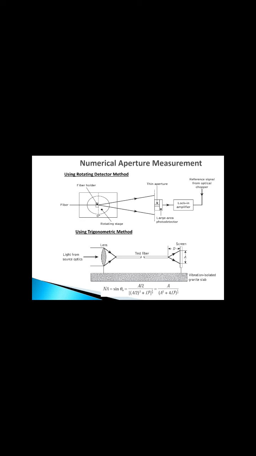Now we have a reference optical signal from the chopper, as well as the fiber, which has been activated with some optical source and is going to emit photons. It emits an output optical power, and that is captured in your photodetector. You have a reference in the lock-in amplifier which helps in the numerical aperture measurement in the rotating detector.